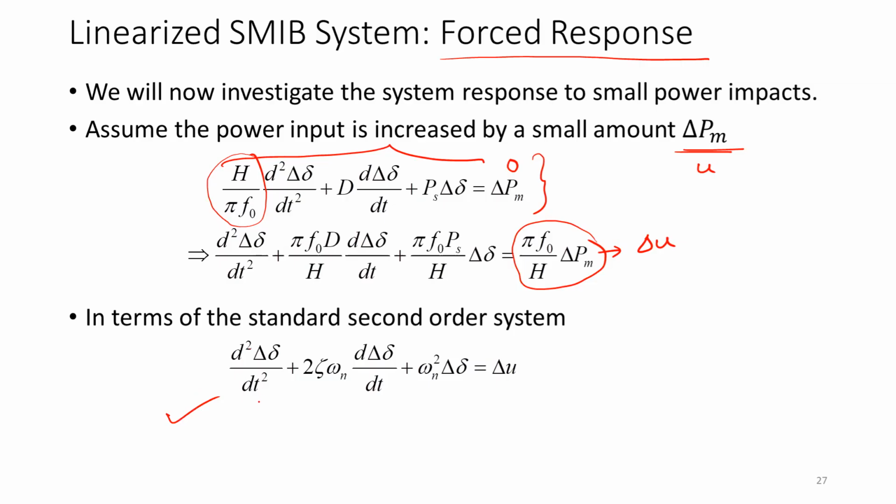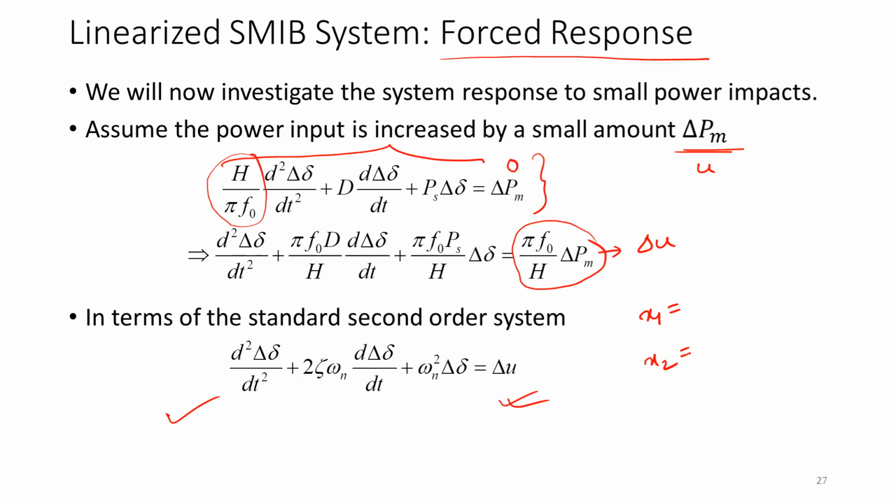This is your standard second order system with an input: d square del delta by dt square plus twice zeta omega n d del delta by dt plus omega n square del delta. These are all the same as before. Again, like before, can anyone tell me what will be my x1 and what will be my x2 from the concept of state space representation?